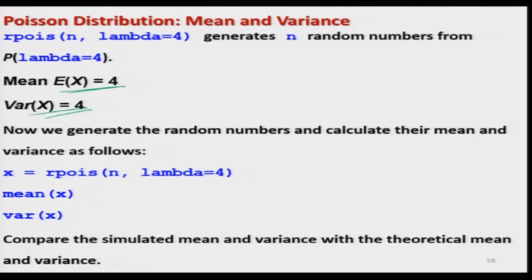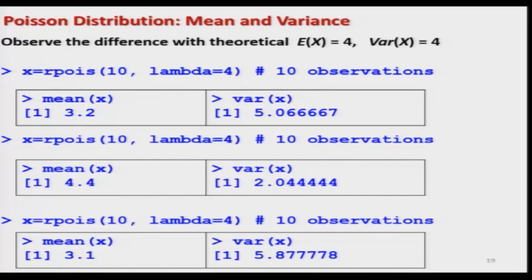Now, just to have an idea of how this theoretical mean and theoretical variance are close to the values obtained in different experiments, we generate n observations for different values of n from the same distribution with lambda equal to 4, compute their mean and variance, and essentially simulate this probability model. In this case the expected value of x is 4, that is, the population mean is 4 and the population variance is 4.